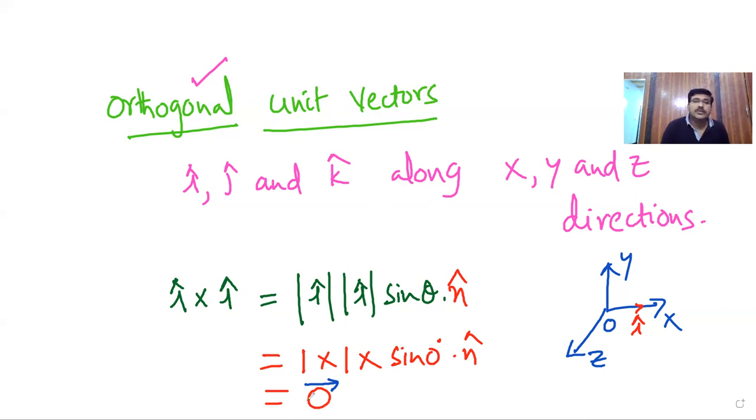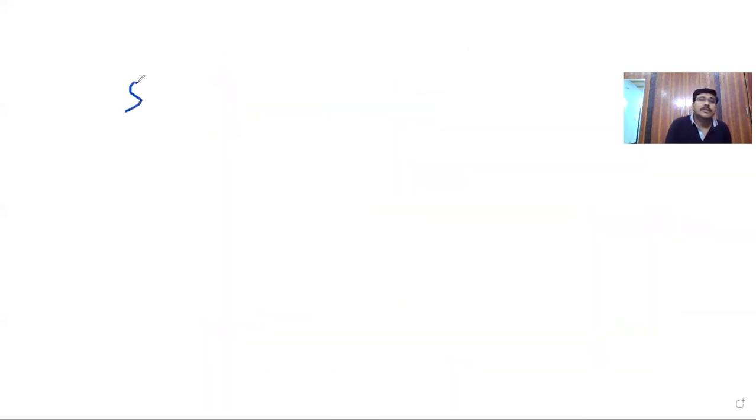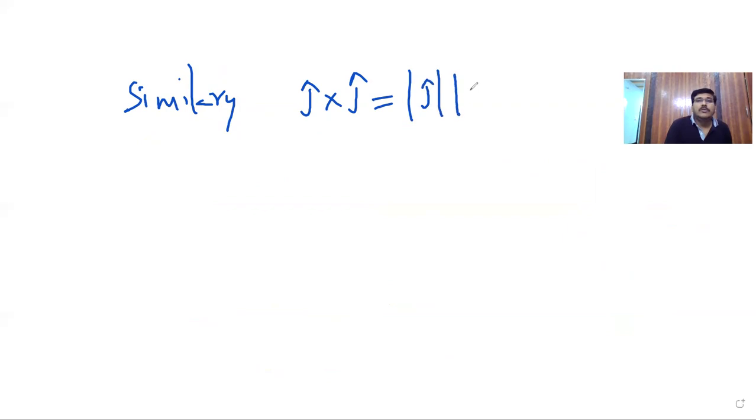Clear? 0, null vector, no specified direction, null vector. Similarly, J bar cross J bar is modulus of J bar, modulus of J bar, sine of the angle between them, theta, into the unit vector direction.